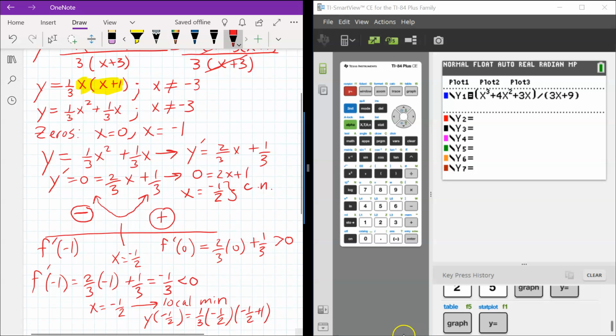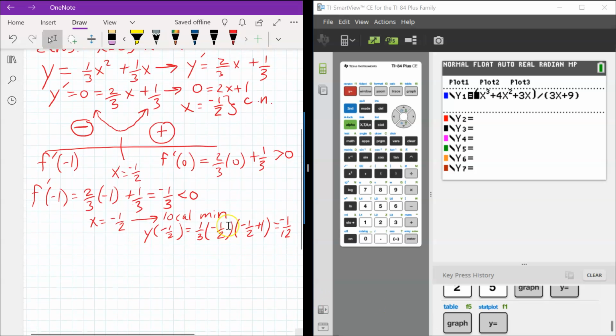And so here I'm going to get 1/2 times -1/2 will be -1/4 times 1/3 will be -1/12. So this is going to be -1/12. So putting that together here, we've got the local min at -1/2, -1/12.